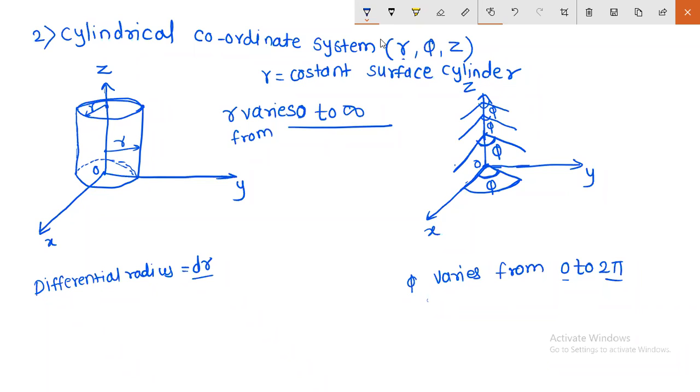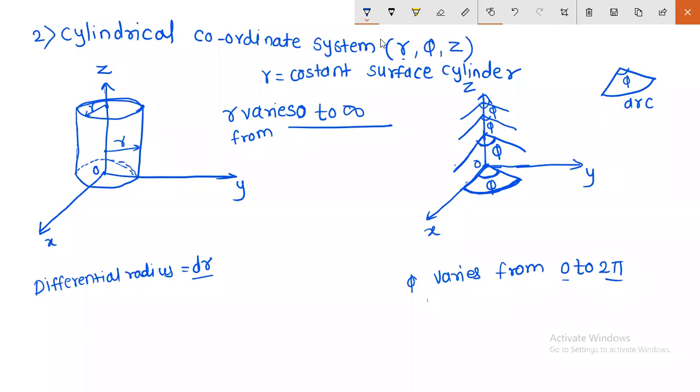This is the x-axis, and this is making the angle phi. What is this length? That is your arc.